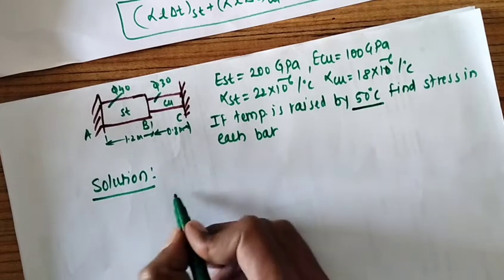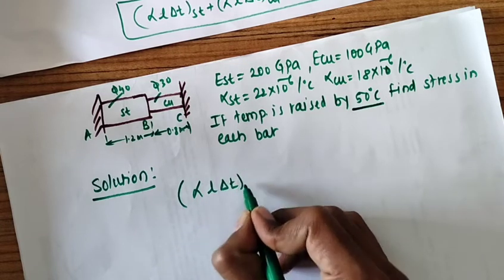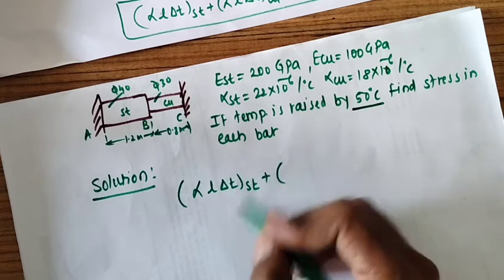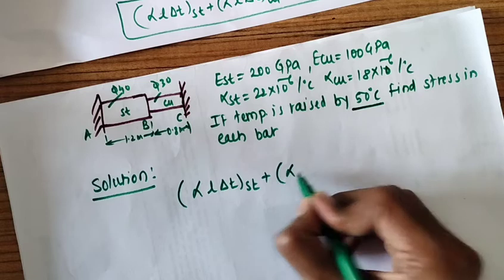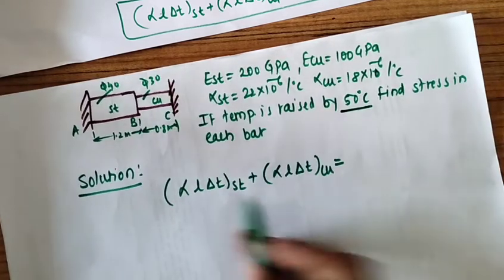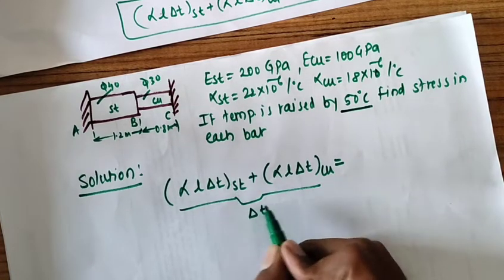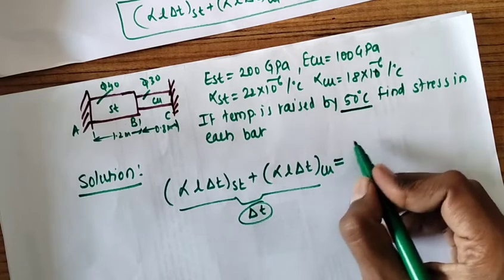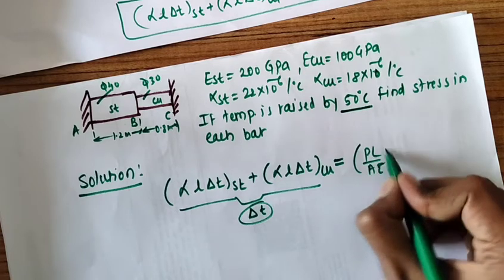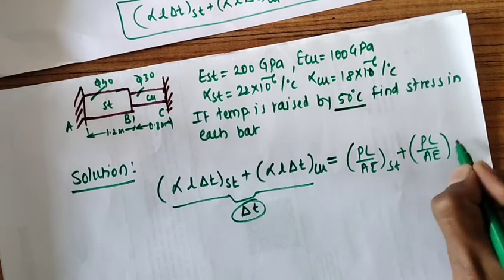So to solve this problem, we know that change in length, that is alpha L delta T of steel plus alpha L delta T of copper, this is change in length due to change in temperature, and it is equal to change in length due to compressive force, that is nothing but PL upon AE of steel plus PL upon AE of copper.